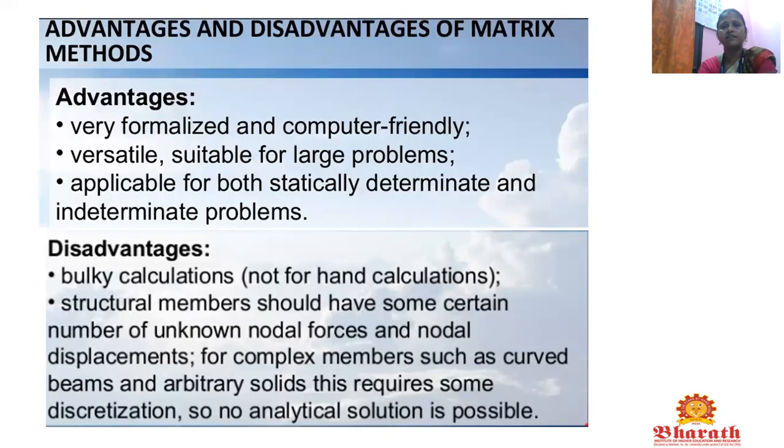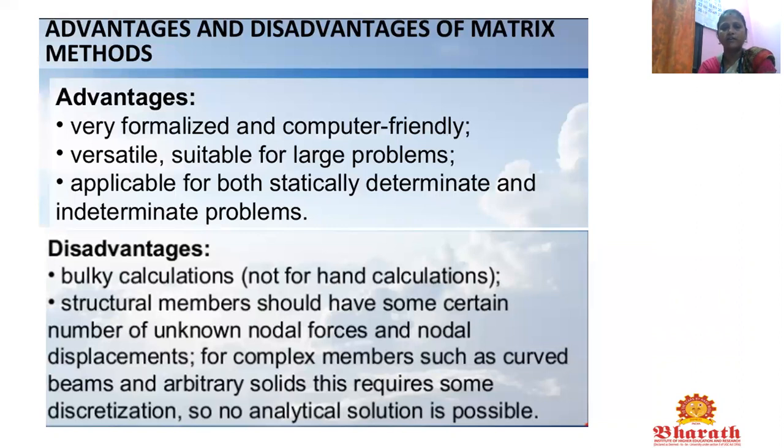Next are the advantages and disadvantages of the matrix method. The advantages are that it is formalized and computer friendly, versatile, suitable for large problems, and applies to both statically determinate and indeterminate problems. When we come to the disadvantages, it has bulky calculations and is not suitable for hand calculations.